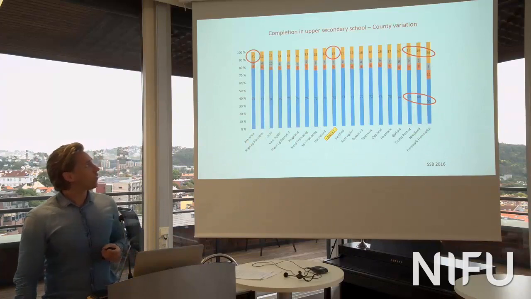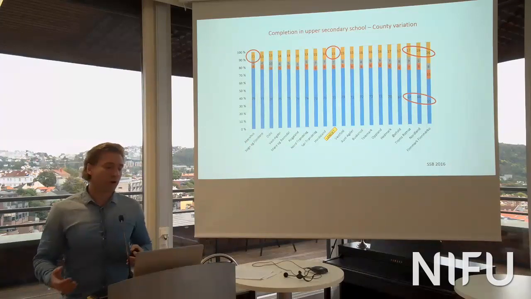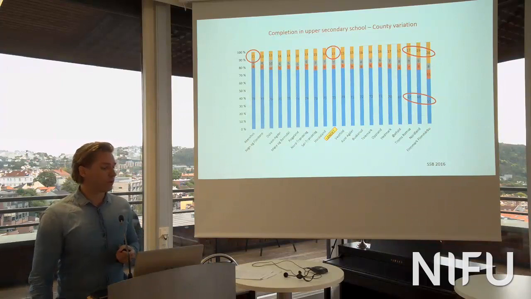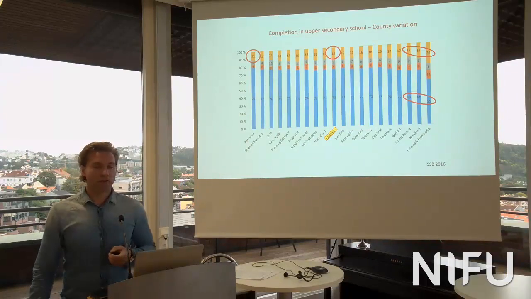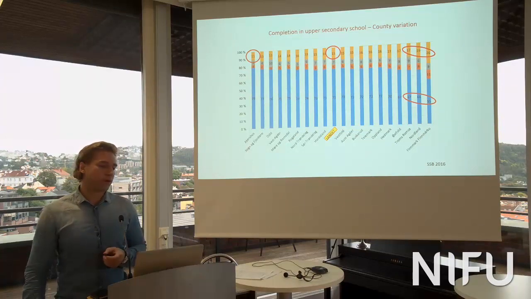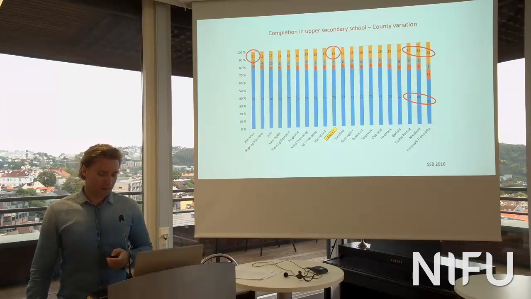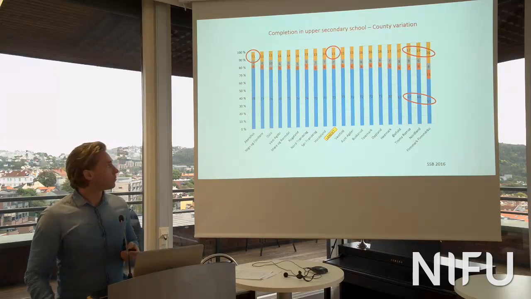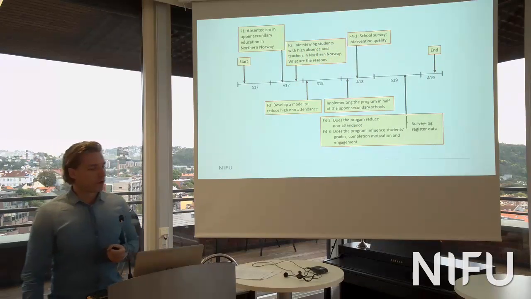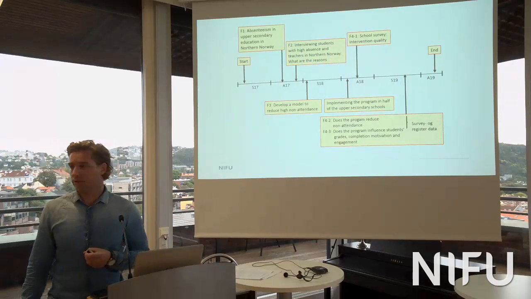However, the northern counties in Norway also have a problem with completion in upper secondary school. As you know, non-attendance might lead to non-completion, and the counties in Northern Norway also wanted to do something about non-completion. So the Northern counties agreed to participate in this project.